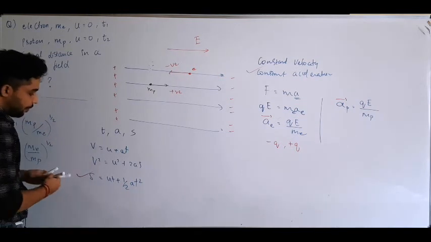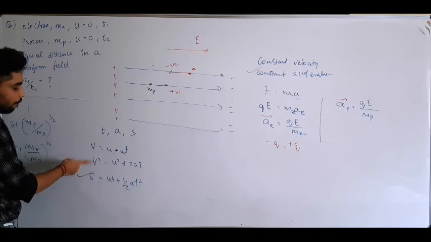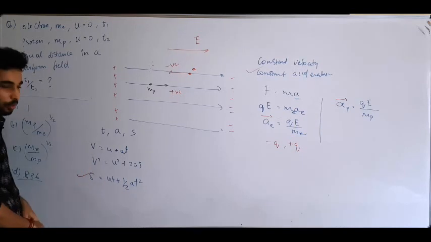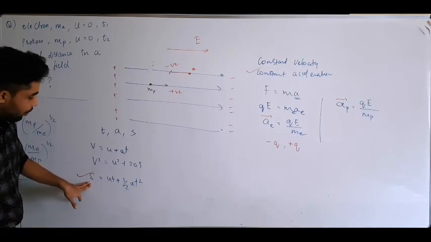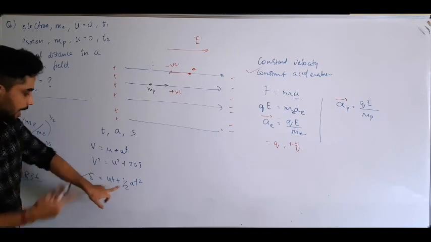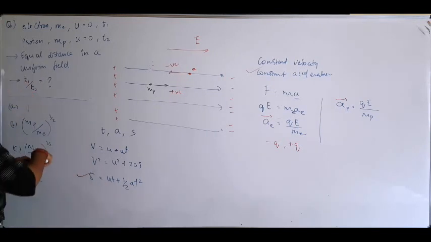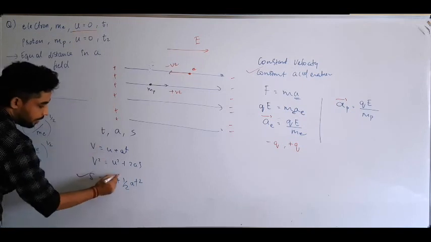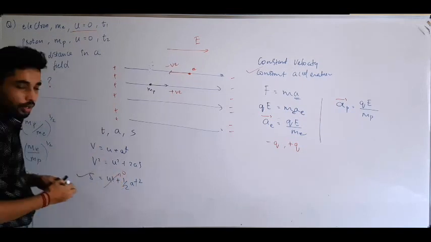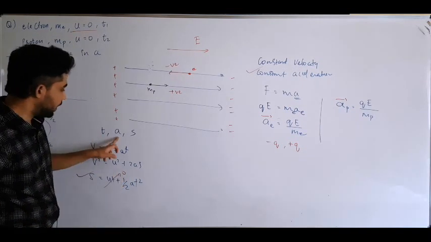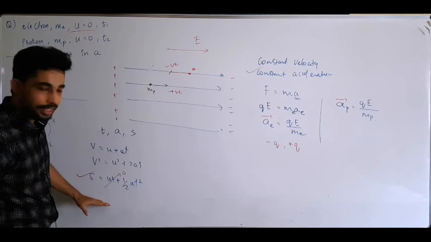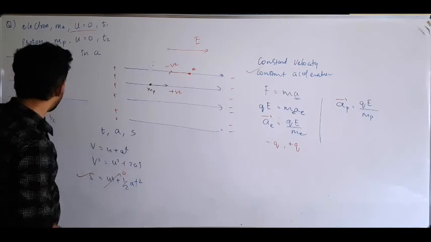Why? Because they haven't told anything about v, the final velocity, but they have told that the distances are equal, and we know the acceleration. One more advantage is that the initial velocity is 0, so the ut term goes to 0. So here I get the relation between t, a and s.